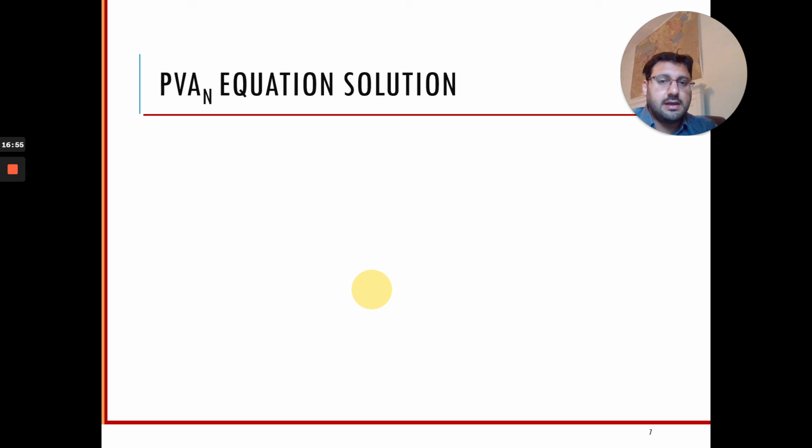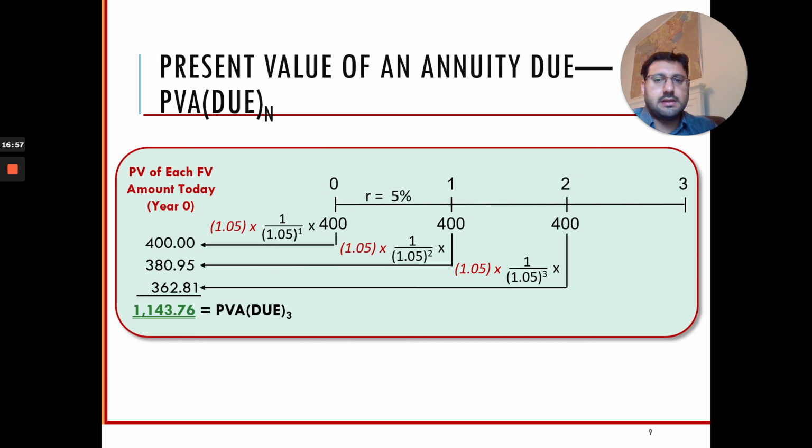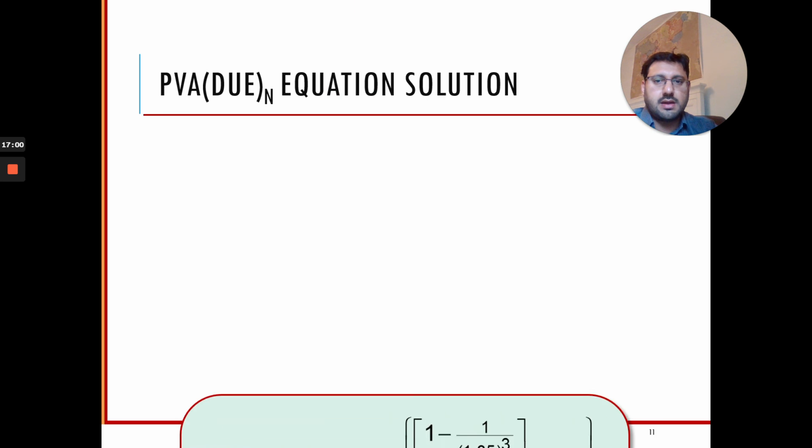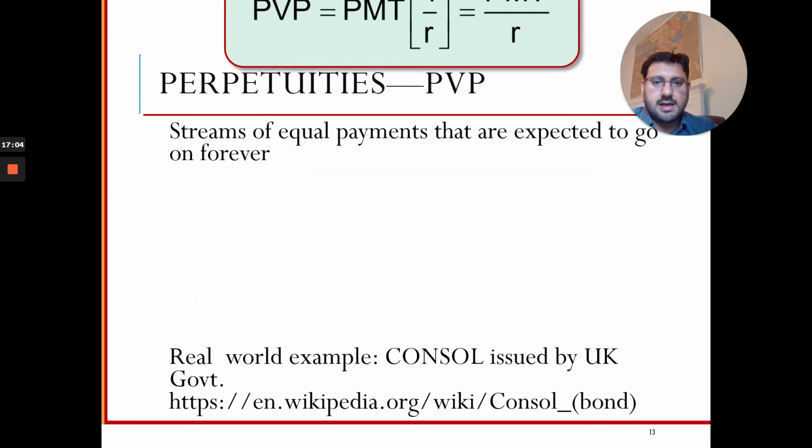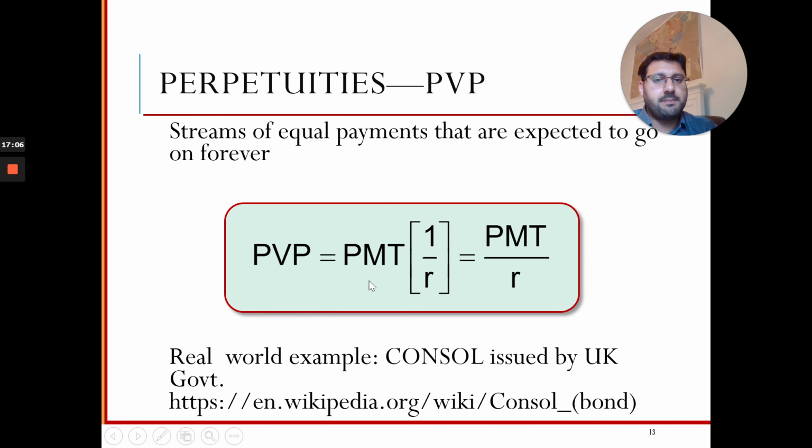So from here, the formula of the perpetuity is derived. So it has derived from that formula: PMT times 1 divided by R. And if you want to see the practical example of that, read about the consols, which were the bonds issued by the UK government in order to fund their wars.